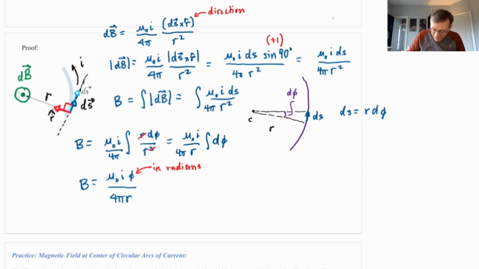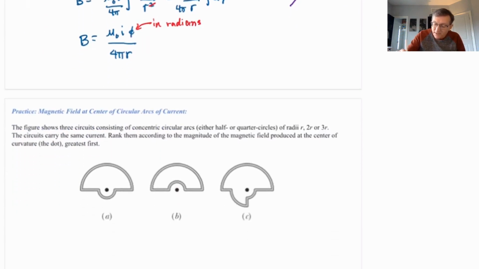Okay, so I just leave you with some class engagement practice with circular arcs of current. And the practice goes like this. We have 3 circuits.